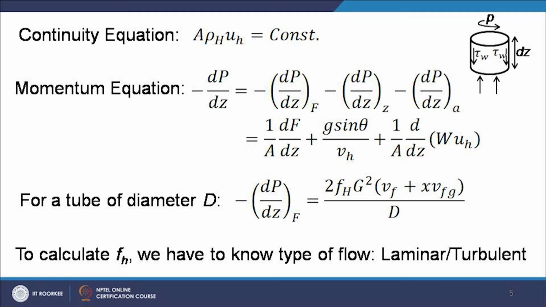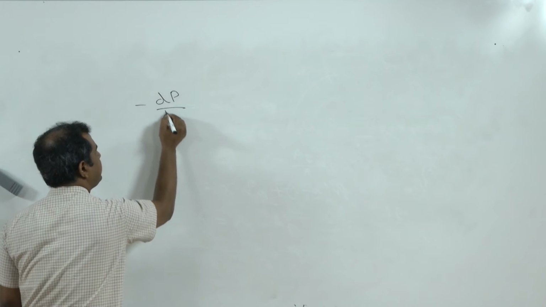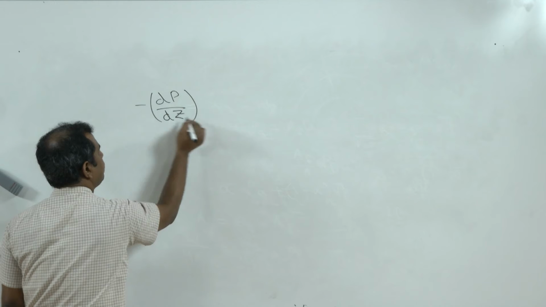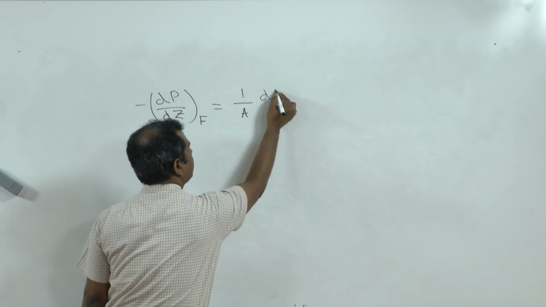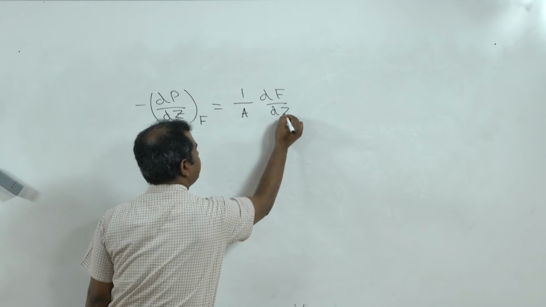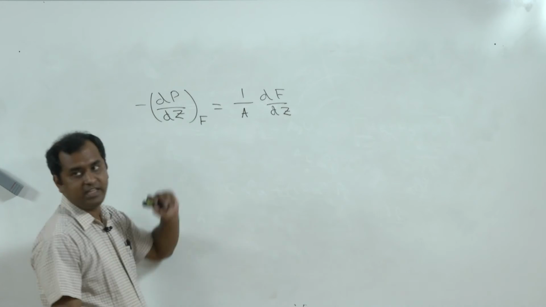We will be using the pipe cross section I have shown in the slide. So, minus dP dZ due to friction is actually 1 by A dF dZ, where F is the frictional force and A is the area.